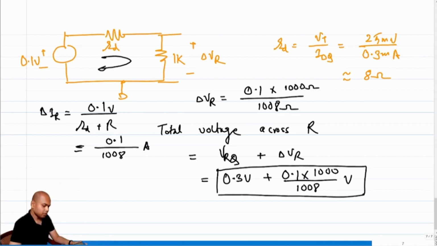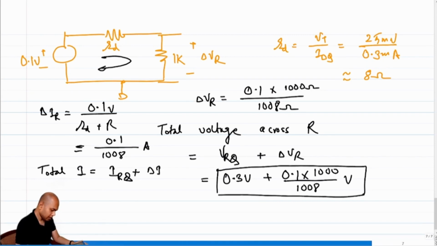And you already knew the original current, original I, right? So you simply add up this delta IR to the quiescent I. So your total I will be IRQ plus delta IR. Okay.